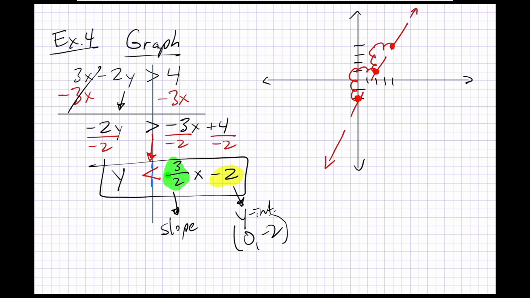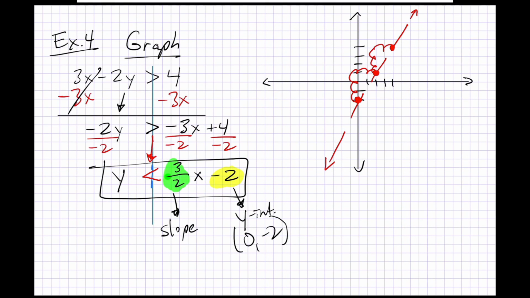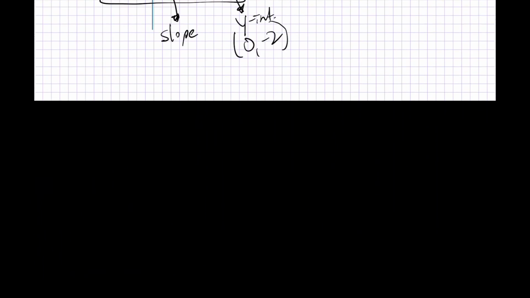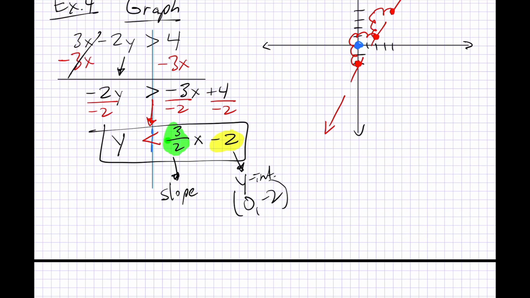Now I gotta decide which side to shade. So I'm gonna pick 0, 0 like I've done, because 0, 0 is not on the line. So when I plug in 0 for x and 0 for y, 3 over 2 times 0 is 0.